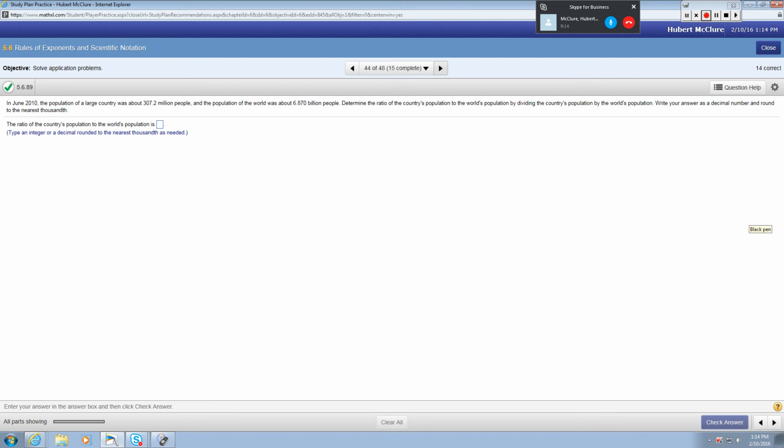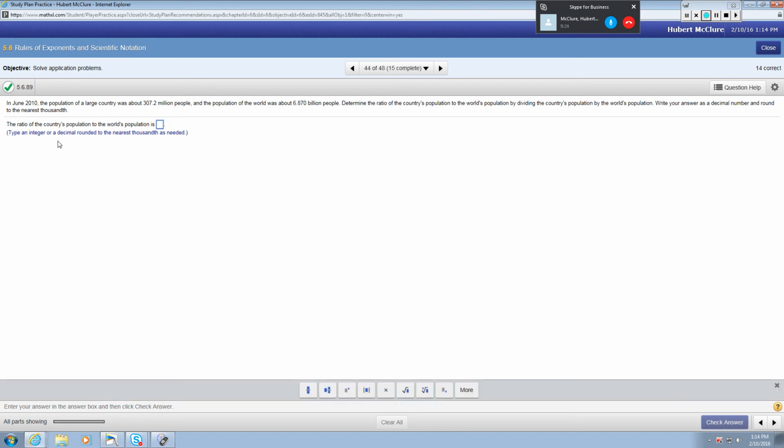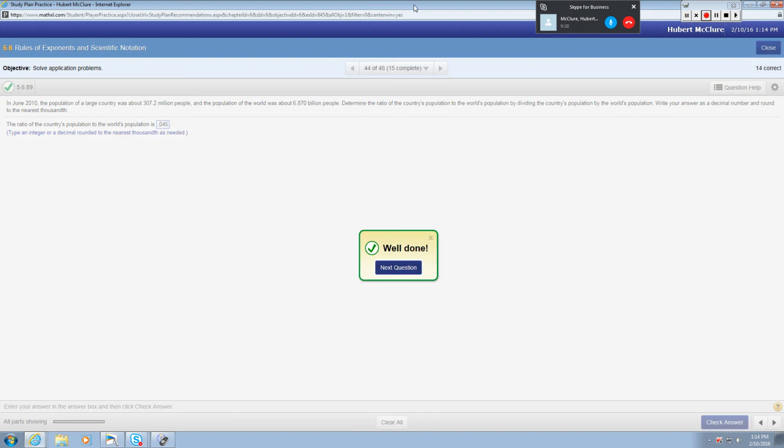Now, if I did this wrong, then that means this is wrong, right? So let's see what I got. It says round to the nearest thousandth. 0.045. So if I get 0.045 wrong, that means that your way is right. I got it right. So what does that mean? That means that if you got a negative or 0 here, that means what?